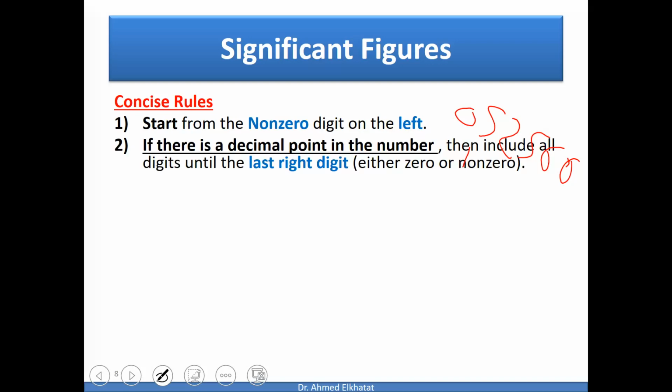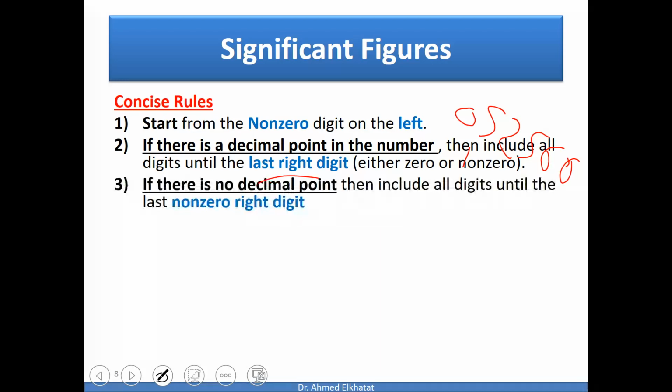Then if there is a decimal point in the number, include all digits until the last right digit, whether it's 0 or non-zero. If there is no decimal point, then include all digits until the last non-zero digit.